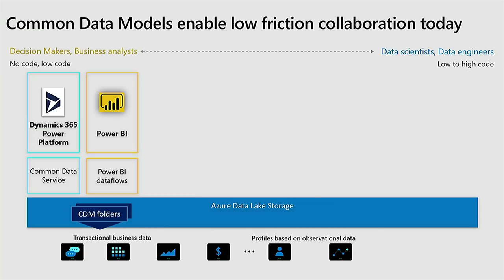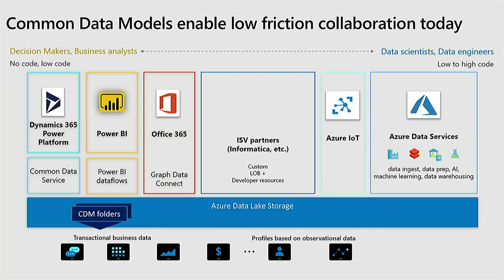And we have some demos associated with that as well. Not only that, we're working with Office with Graph Data Connect to bring in Office data in a form that can then be reasoned in the context of the business applications that you have.